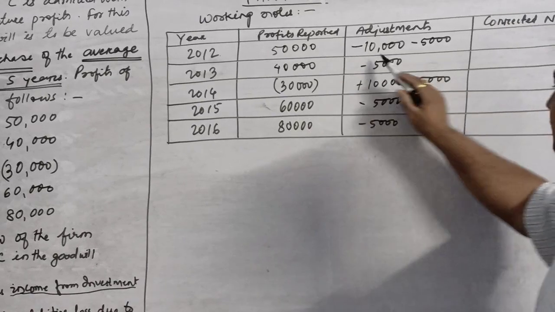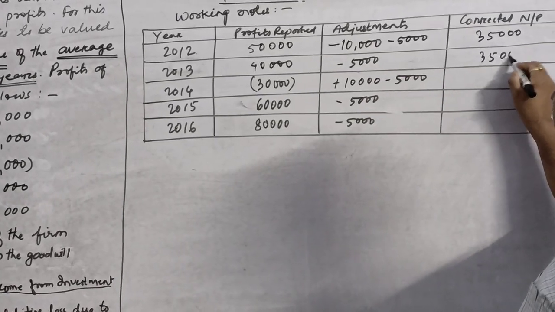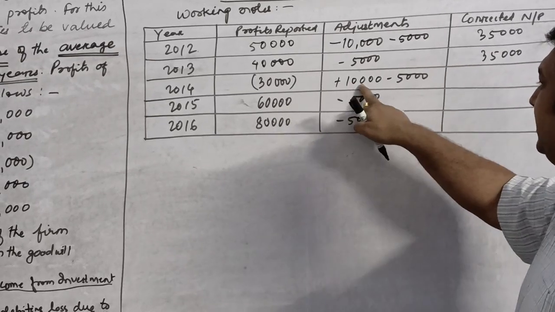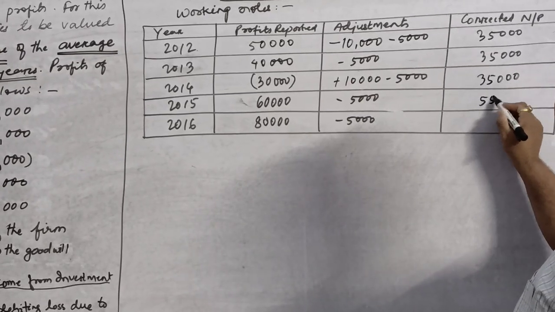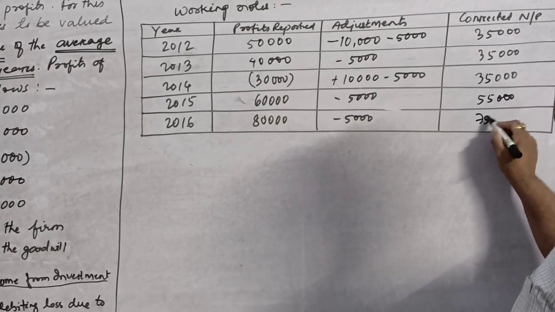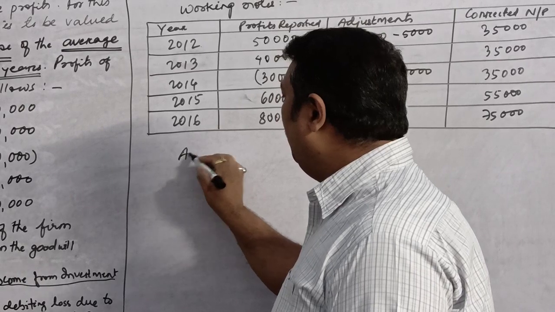So after this, we are left with 50,000 minus 15,000, which is 35,000. 35,000 once again. 30,000 plus 40 minus 5, 35,000 once again. 55,000 and 75,000. Now the same step we will follow.